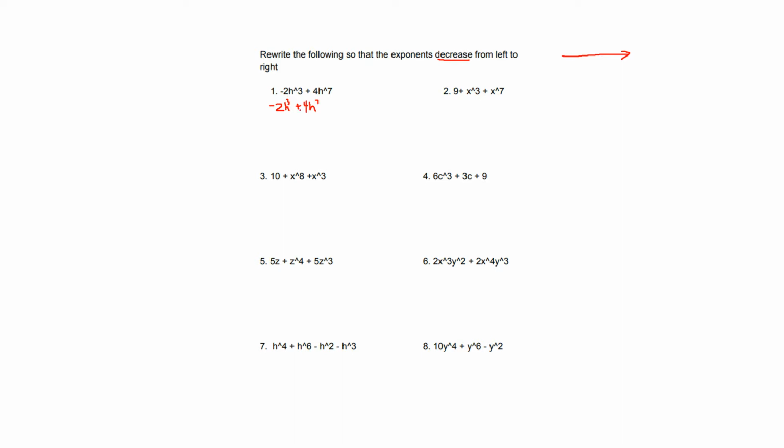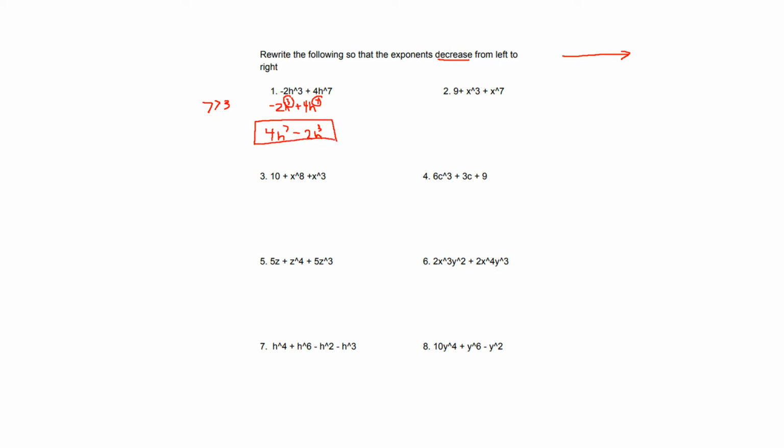And here, the exponents we have are 3 and 7. And 7 is greater than 3, which means that this should be on the left. So it's going to be 4h to the power of 7 minus 2h to the power of 3 as your final answer.